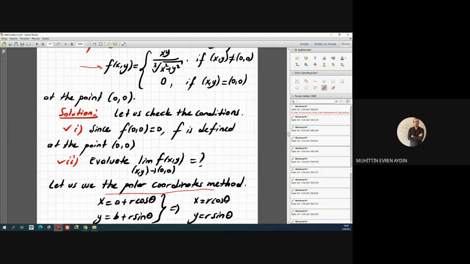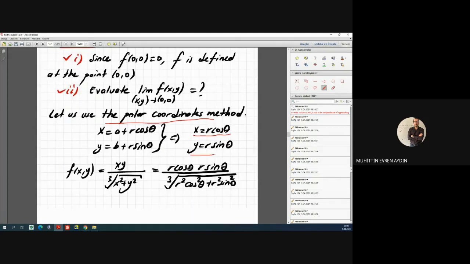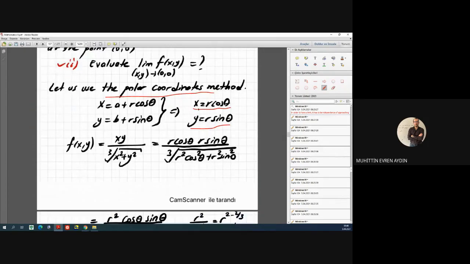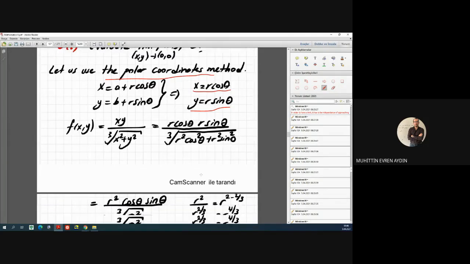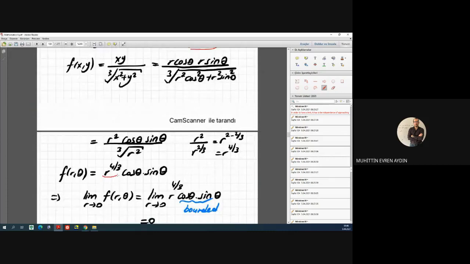Since our point is the origin, we have those transformation equations, and if we replace x and y in the function f, we obtain r^(4/3) cosine theta multiplied by sine theta.